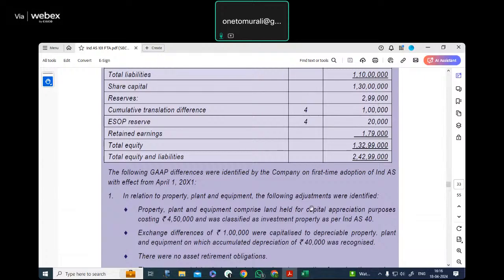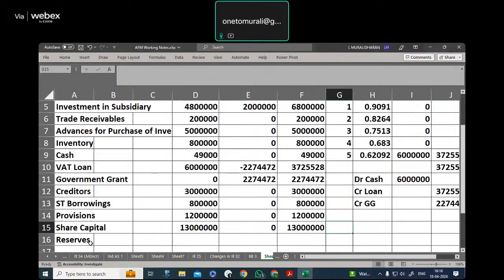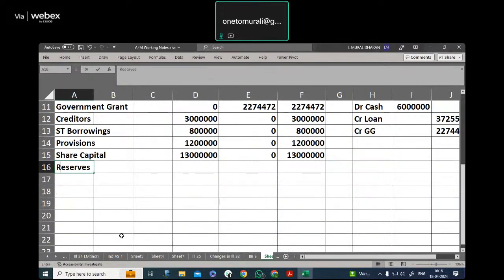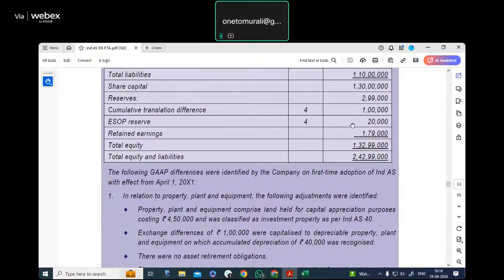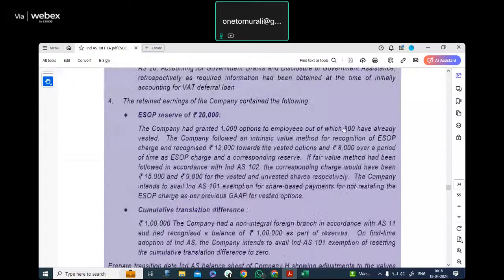So that is the only item, cumulative translation difference. Cumulative translation difference, you have to the extent of 1 lakh, and it is going to be 0. Correct.